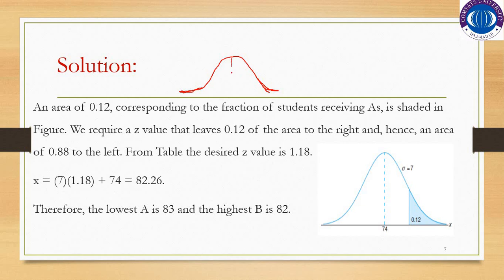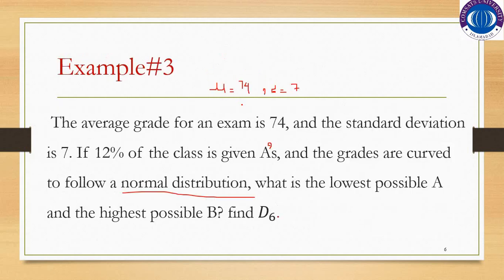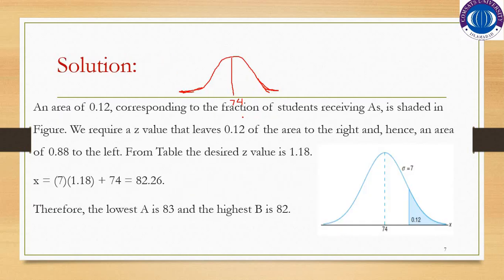And here we have the average marks, 74, and they are saying that 12% of the class is given A's. That means 12% or 0.12 is the probability that the class will get the grade A. So we have to look at the 0.12 on this graph.